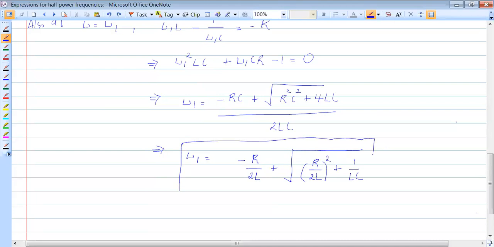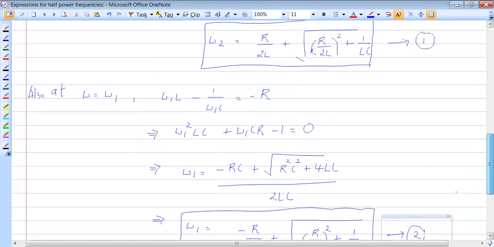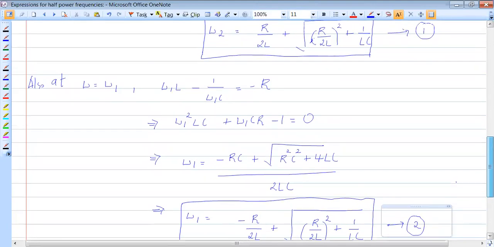Is everybody okay with this? So this is equation number 2. Now compare 1 and 2. What's happening if you compare them?